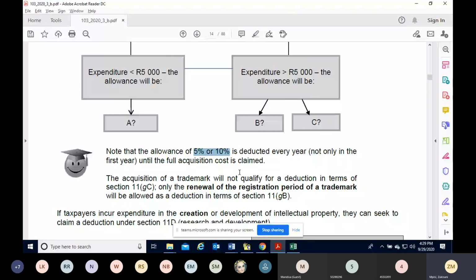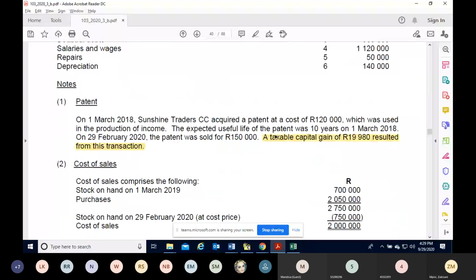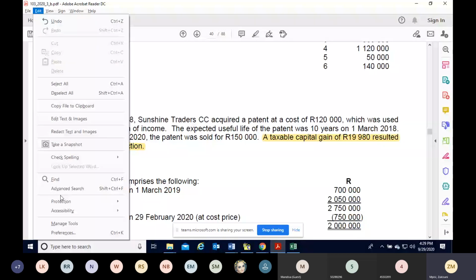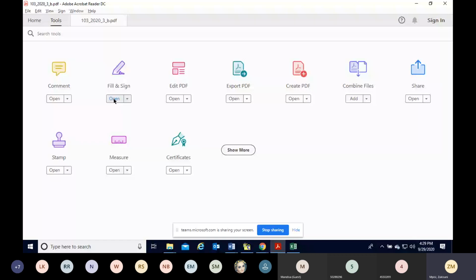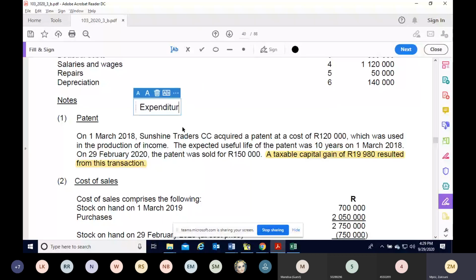So let us go back. In this case, the expenditure exceeds 5,000.